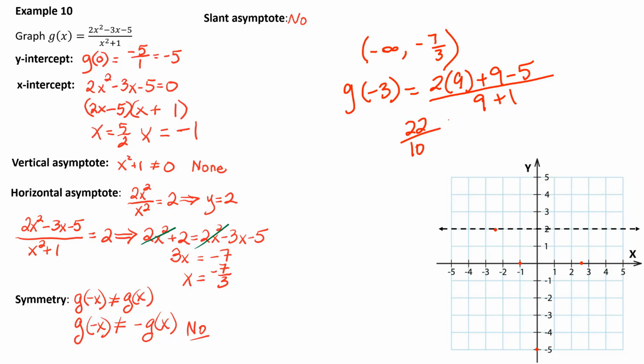So that's 22 over 10, which is about 2.2. So negative 3, 2.2 is on the graph. So yes, it is above the horizontal asymptote from negative infinity all the way until the point where it crosses that horizontal asymptote. So it's got to be above, but it still has to be sticking to that asymptote tightly because it approaches the asymptote.